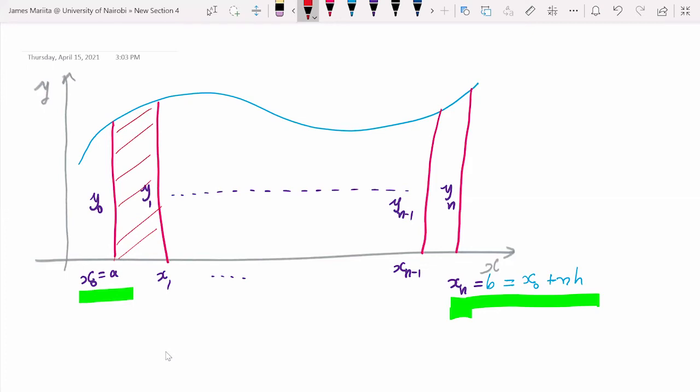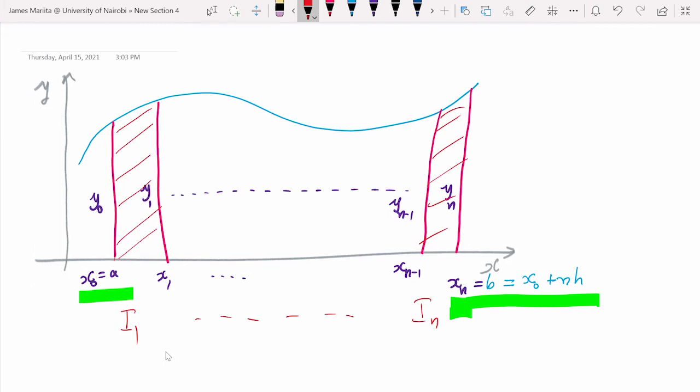This is what is going to give us our I1. And we go all the way up to the last trapezium, which is going to give us our IN. So we find the area of the first trapezium and add them up to the last one. When we add them up, you get the approximation of the integral as required.